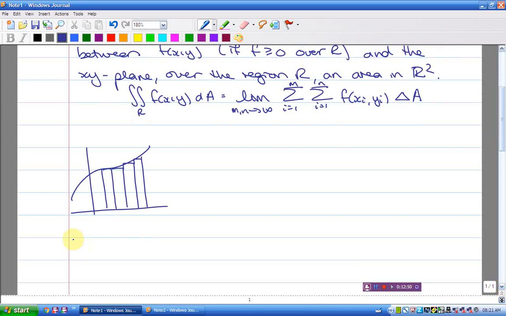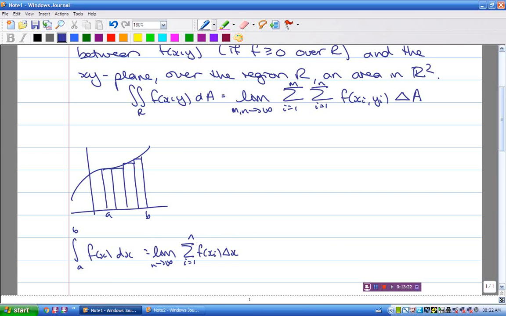Back in single variable calculus, we would say the integral from a to b of f of x dx, here's a, here's b, is the limit as n tends to infinity of the sum of f of xi delta x, i going from 1 to n. Look familiar? So we had this curve, and we want to know the area under the curve.